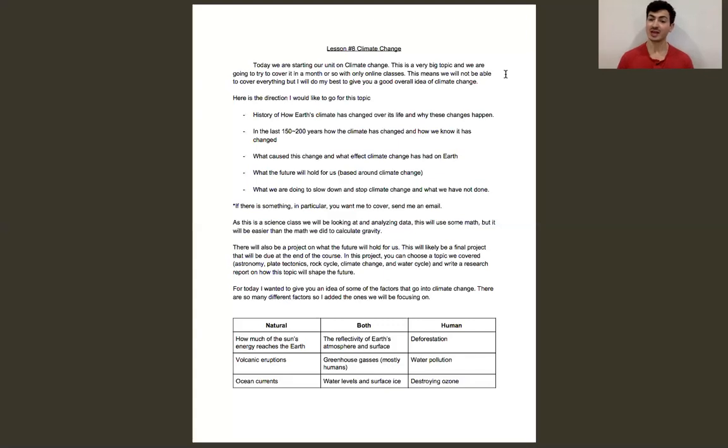Then there's greenhouse gases. This is mostly done by humans with deforestation, putting more fossil fuels into the air. But there are also natural greenhouse gases like water vapor. Or there are planets like Venus.